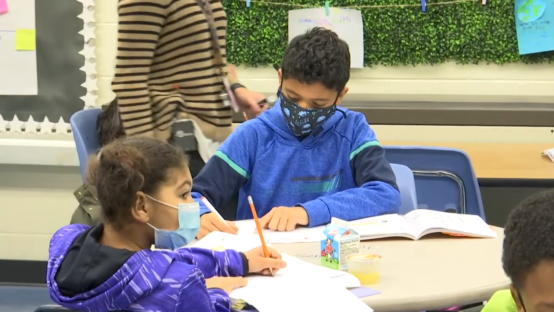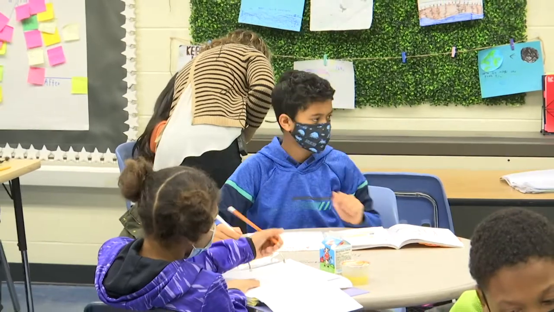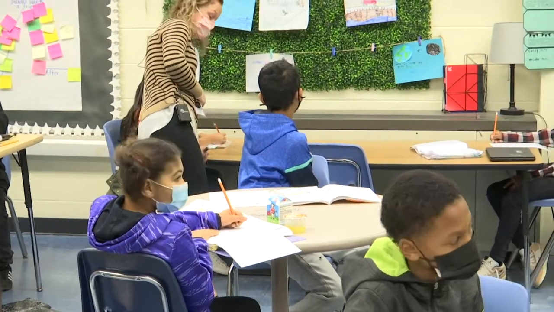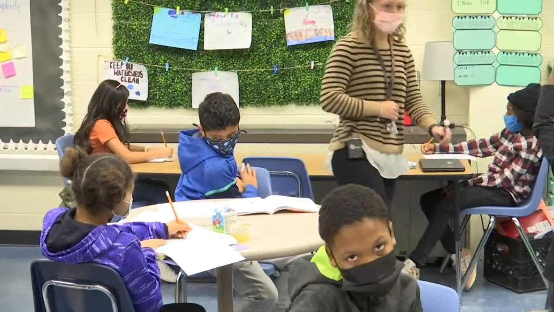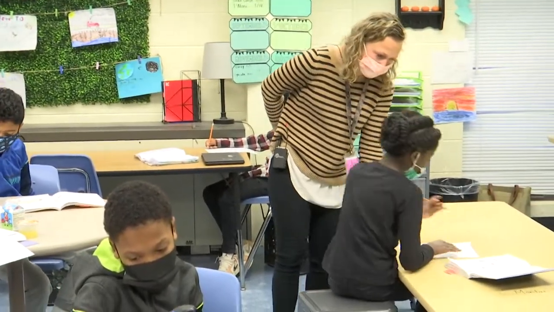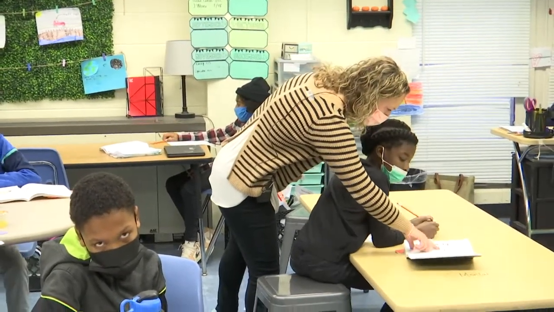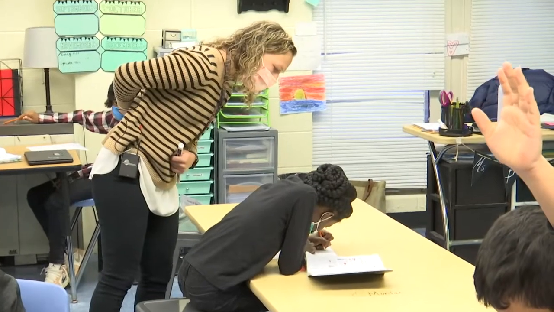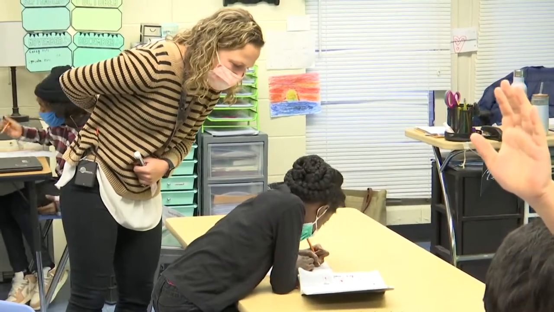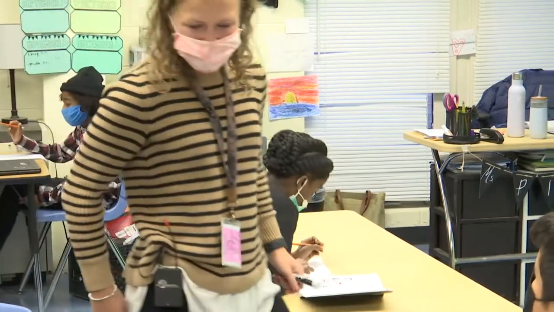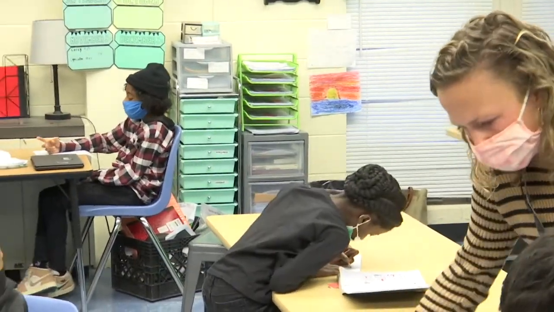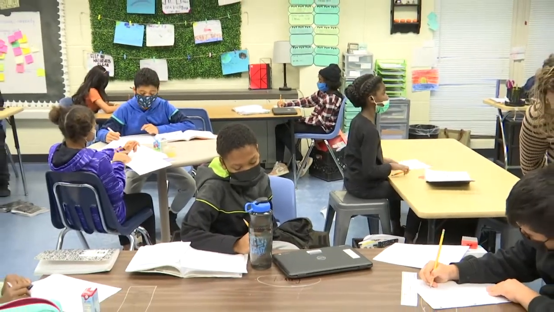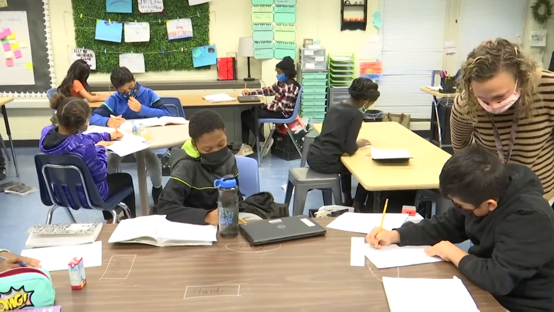S-E-T-T-L-E-R. Good job, guys. T-H-O-U-G-H-T. How do you spell wealth? W-E-A, let's see, it might be on here. W-E-A-L-T-H. How do you spell silver? S-I-L, and then V-E-R. Good.